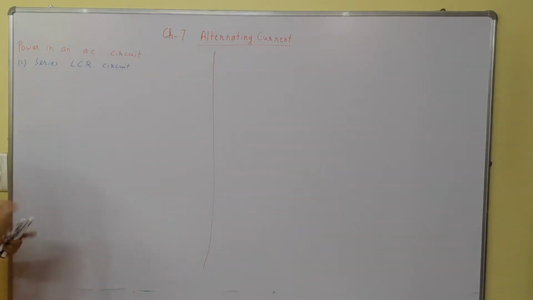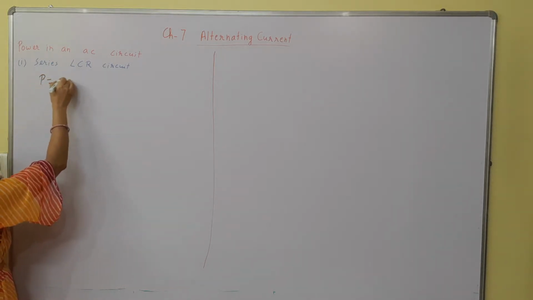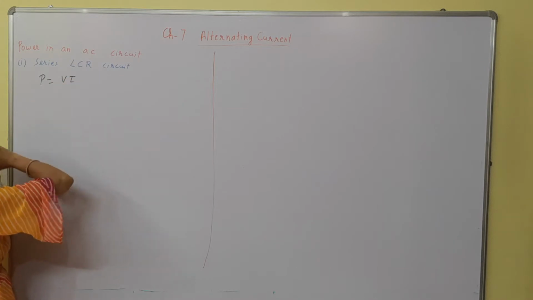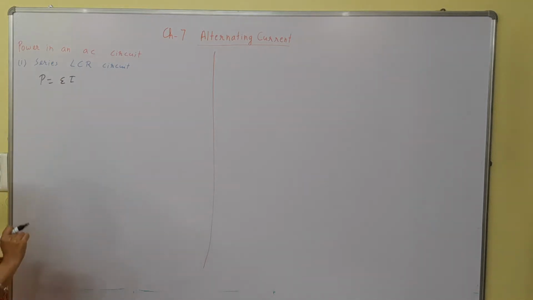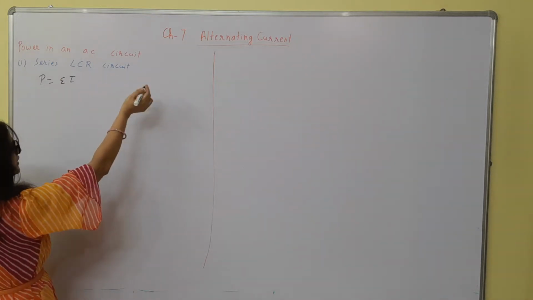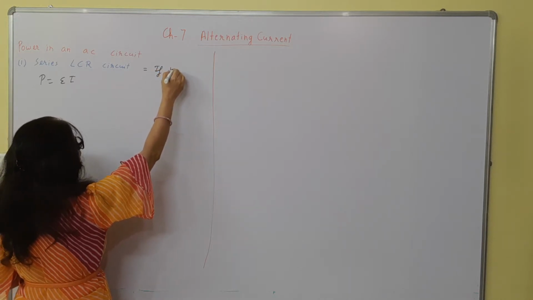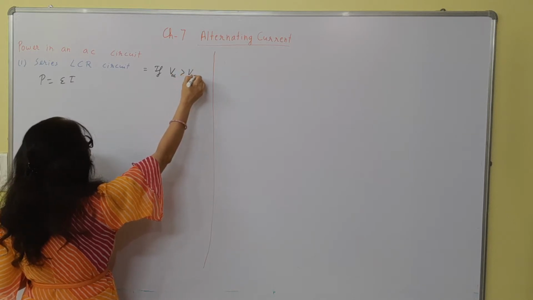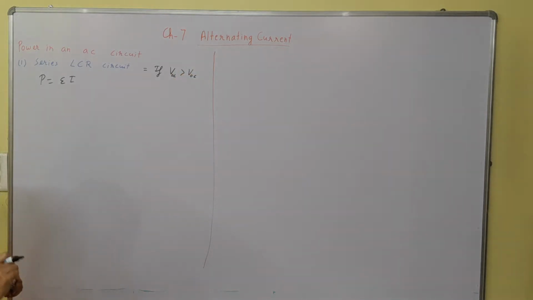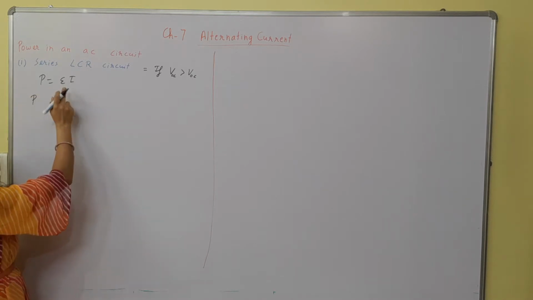So we know that the power is given by the formula VI, or here we are writing the voltage as EI. We are talking about an LCR circuit. If VOL is greater than VOC, that means the inductor is dominant, and the voltage will lead.